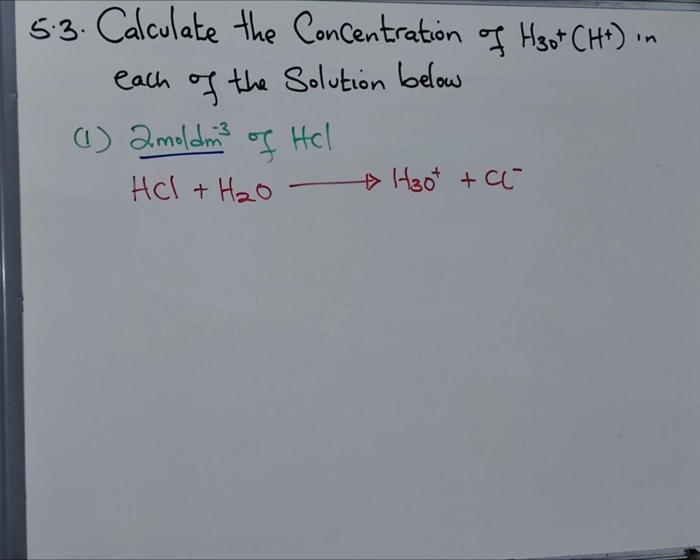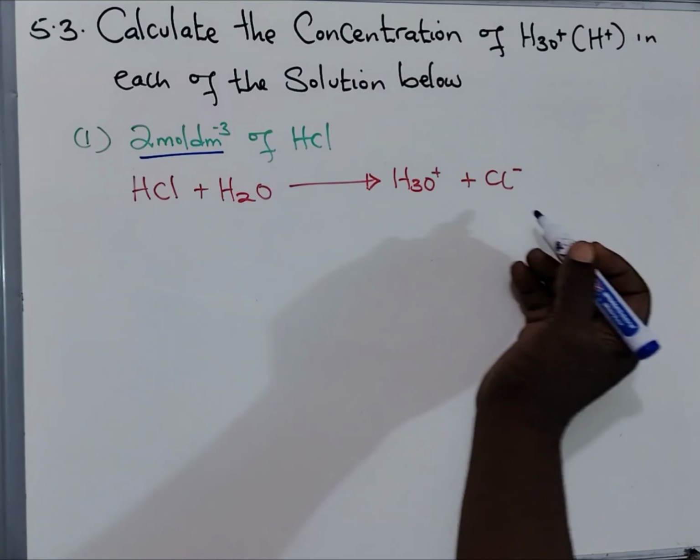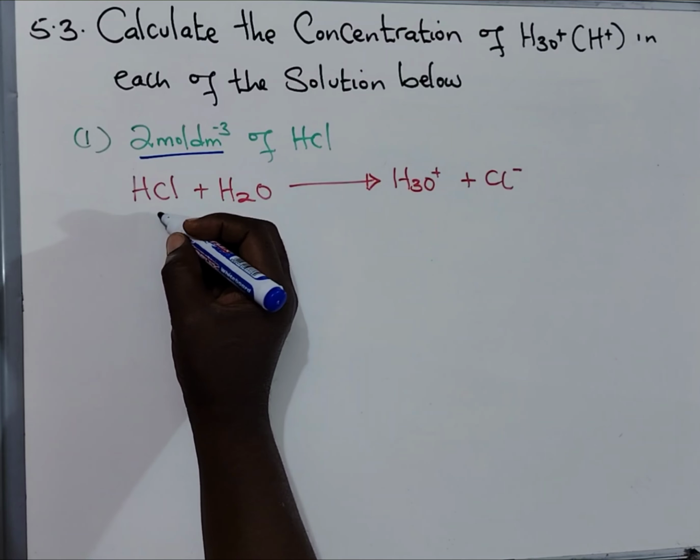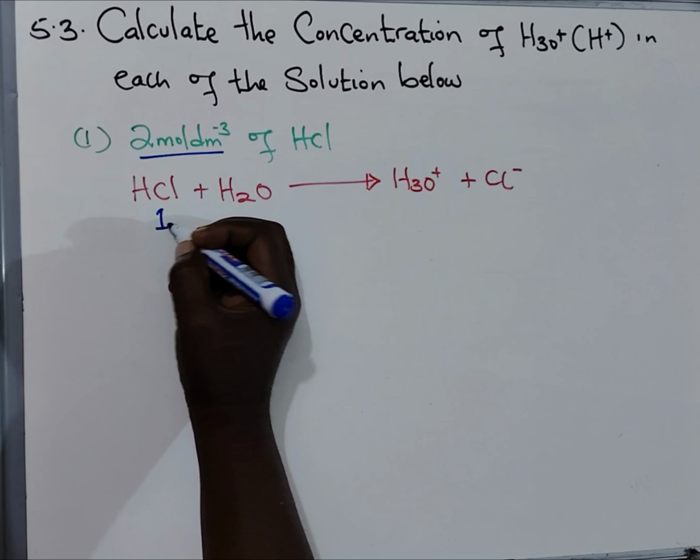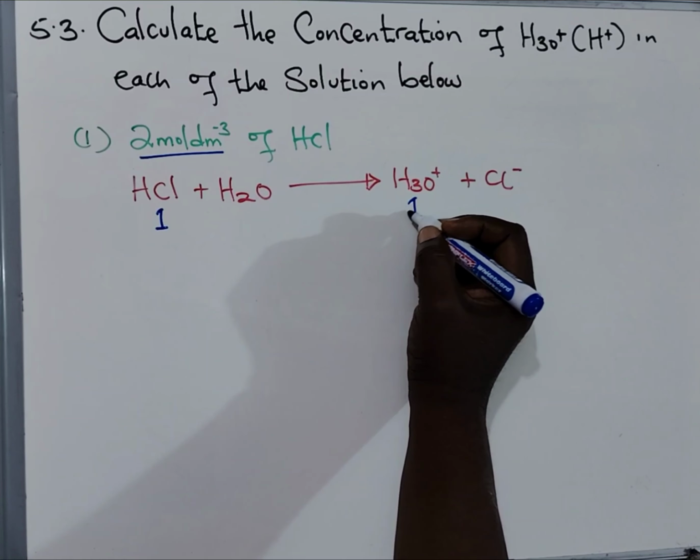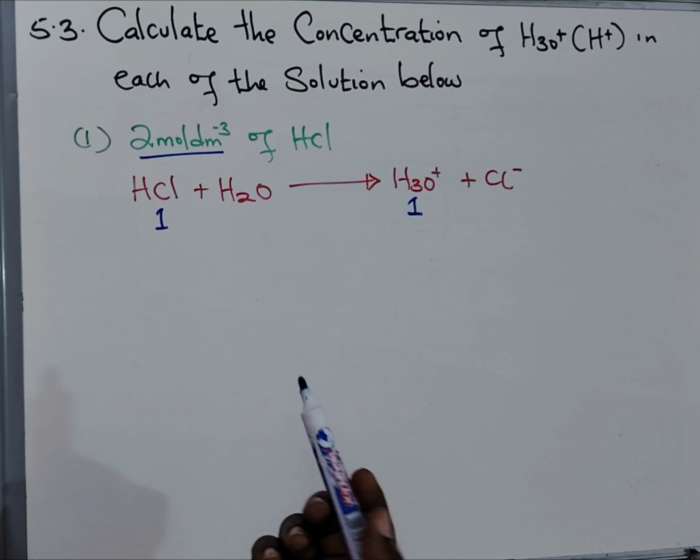But then you need to remember that it's balanced. So the number you have here is this one. So this is the relationship you are trying to establish.